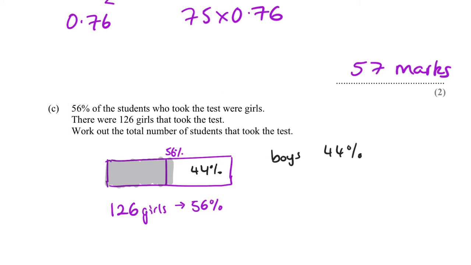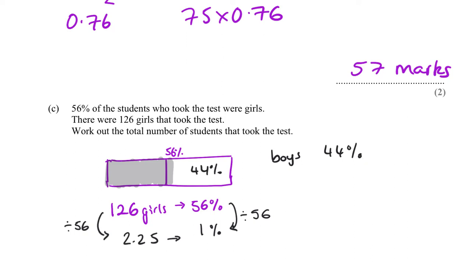So how do we find 1%? How do I go from 56 to 1? What do I divide by? 56. 56 divided by 56 is 1. 126 divided by 56, what does that equal? 2.25 is equal to 1%. So now we know what 1% is. We know that boys is 44%, don't we?